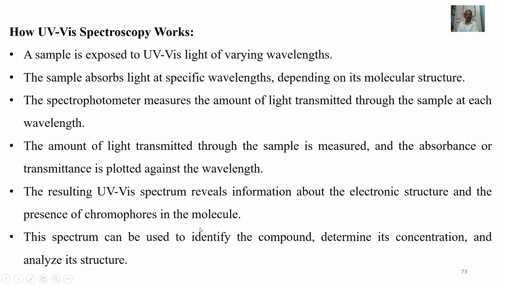The resulting UV spectrum reveals information about the electronic structure and the presence of chromophores in the molecule. This spectrum can be used to identify the compound, determine its concentration, and analyze its structure.